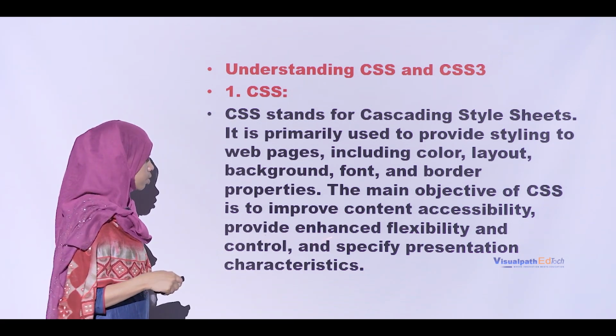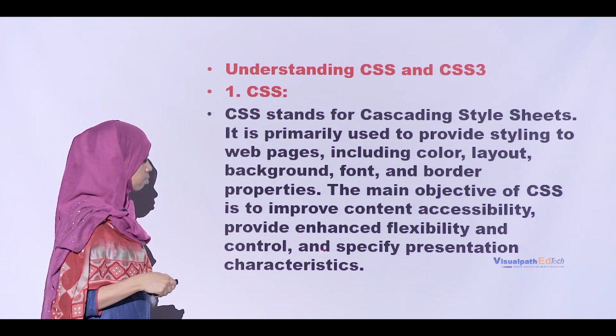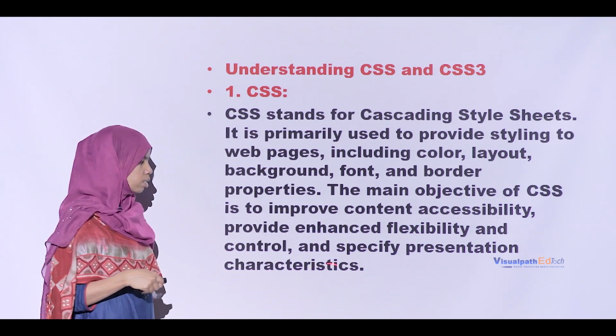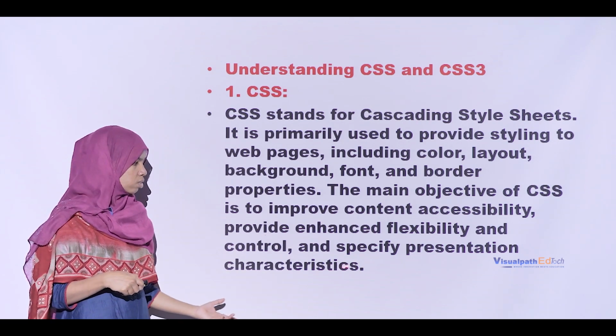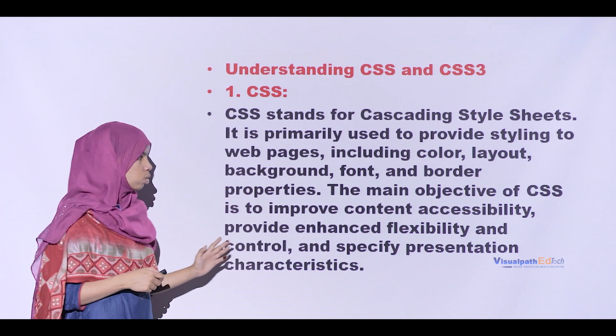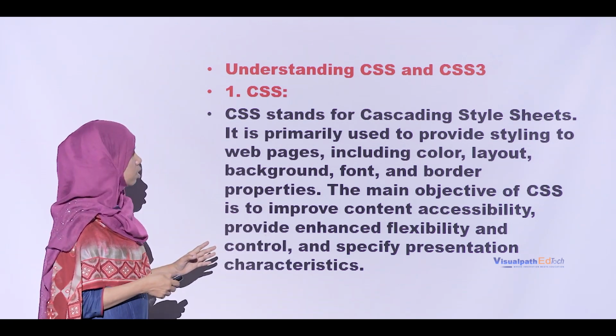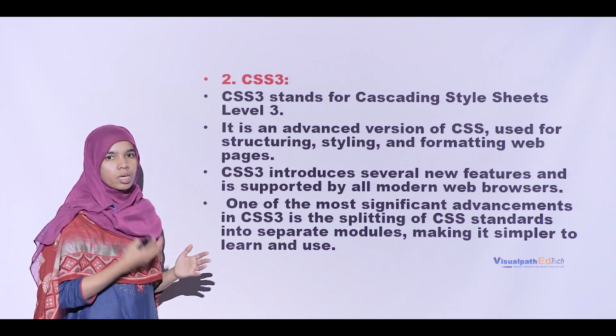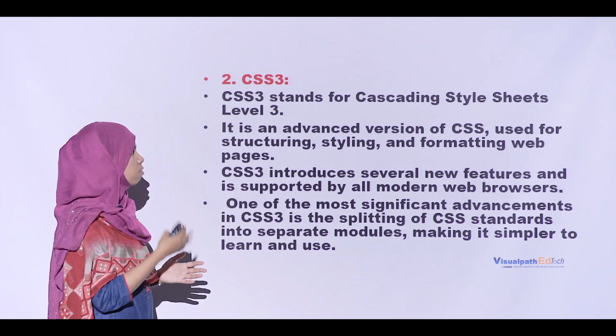The main objective of CSS is to improve content accessibility, providing enhanced flexibility and control of its presentation and characteristics. So CSS is basically for the view and application, but CSS3, which we can call cascading style sheets level 3, has some additional features.